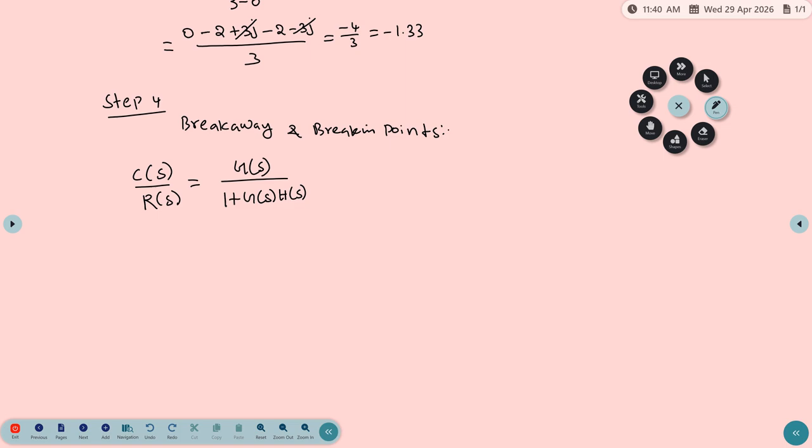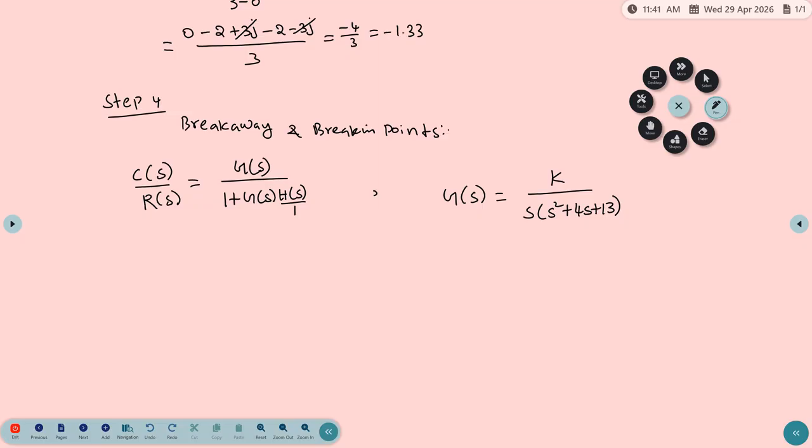Here H of S is feedback, that is unity feedback system, so H of S equal to 1. G of S is provided already, so I am rewriting that G of S here, K divided by S into S square plus 4S plus 13.